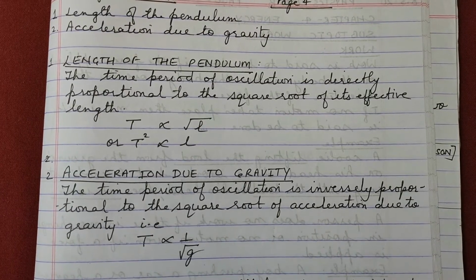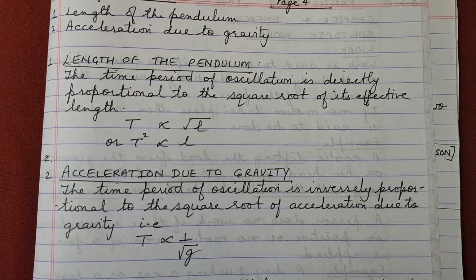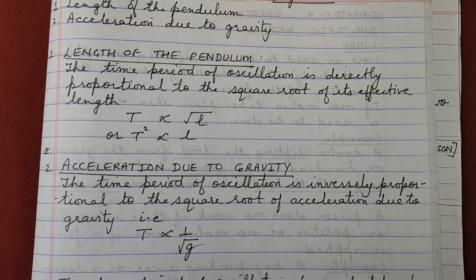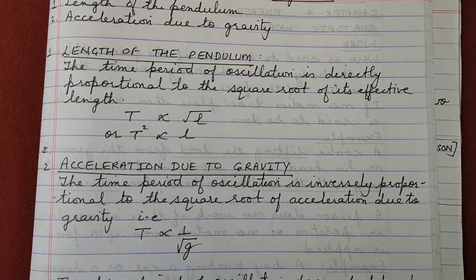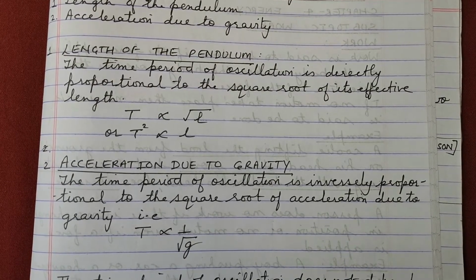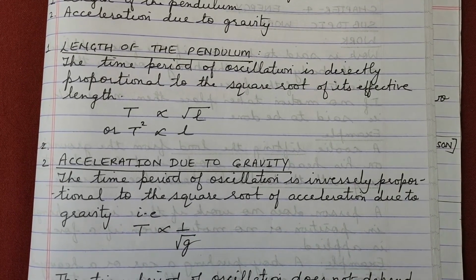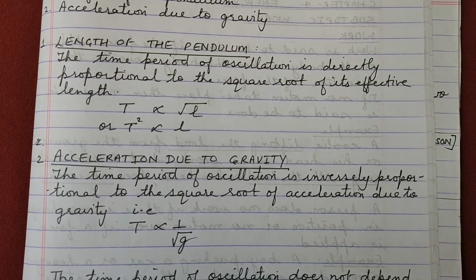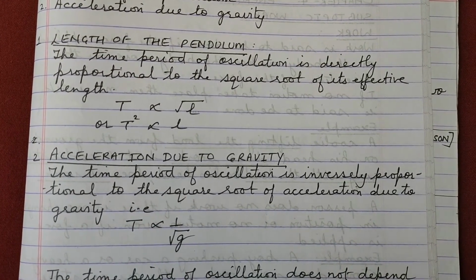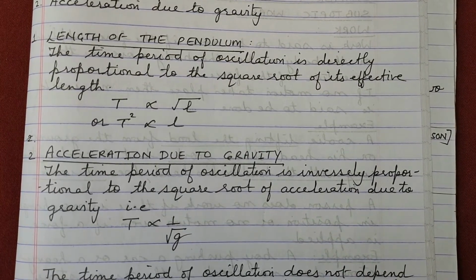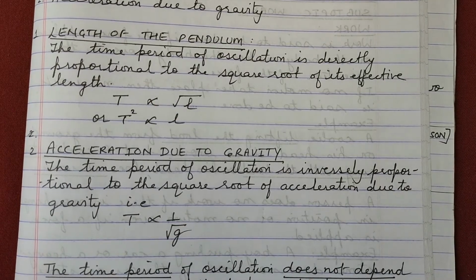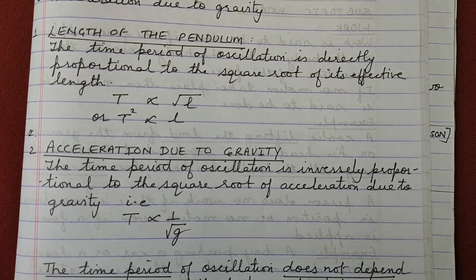If you are asked to explain how these factors affect the time period of a simple pendulum, then you give the explanation like this: the time period of oscillation is directly proportional to the square root of its effective length, which means T is proportional to square root of L, or if I square both sides, T square is proportional to length.